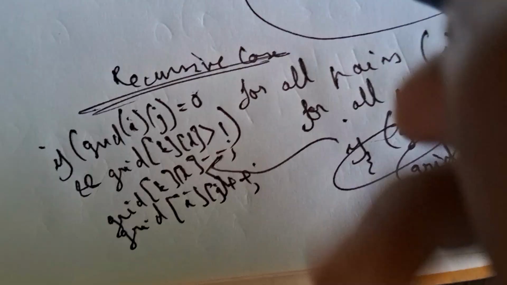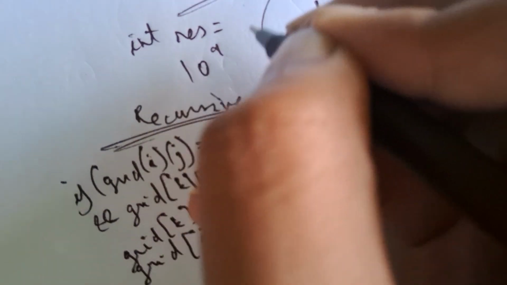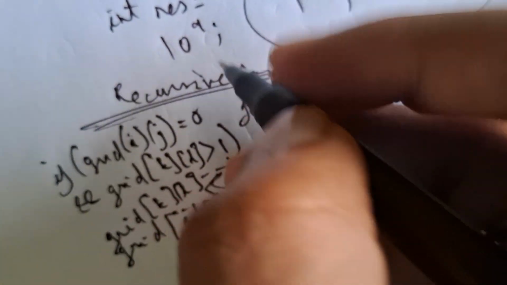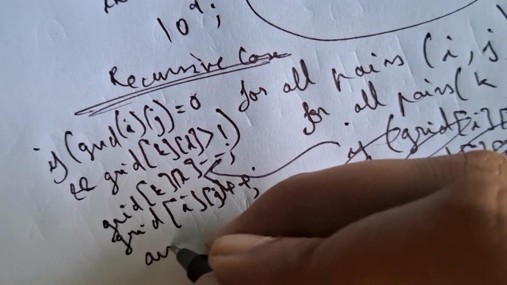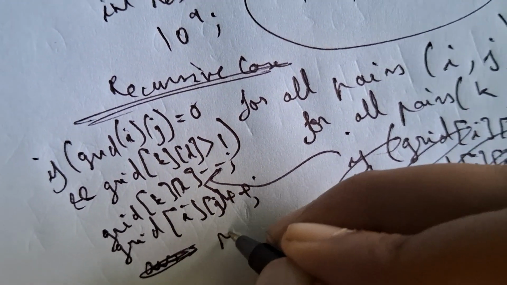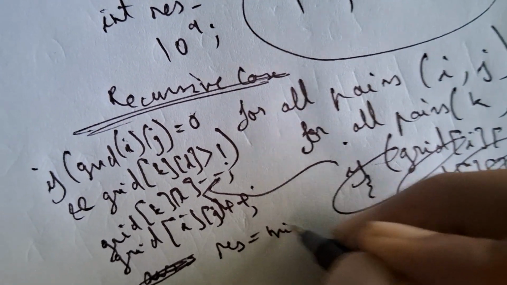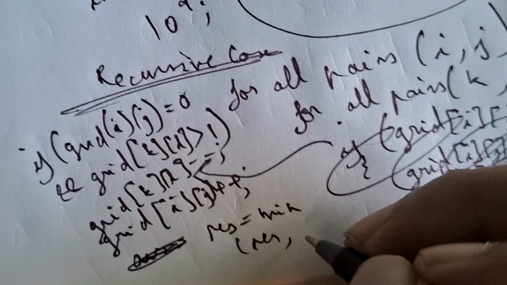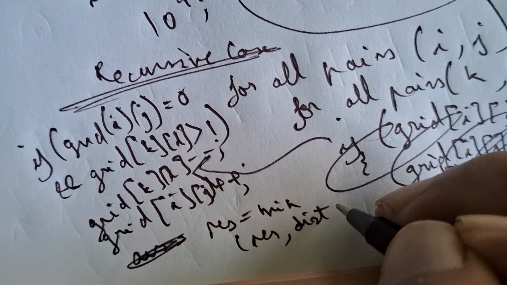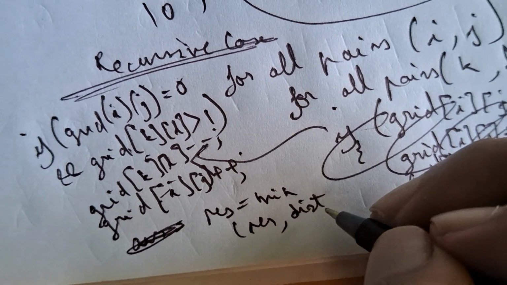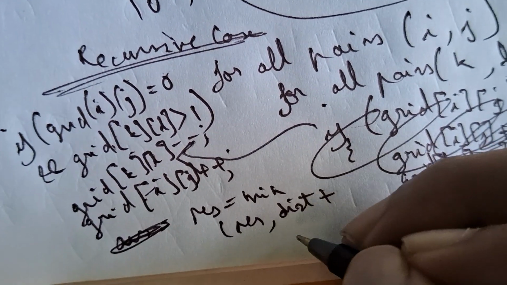Let's say there was an int result which was initially 10 to the power 9, because that is a very big number. Now you have to make result equal to the minimum of result, comma, the distance between these 2 points, plus whatever the function was.